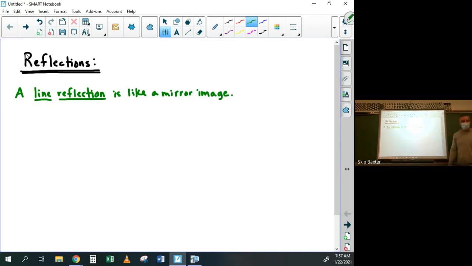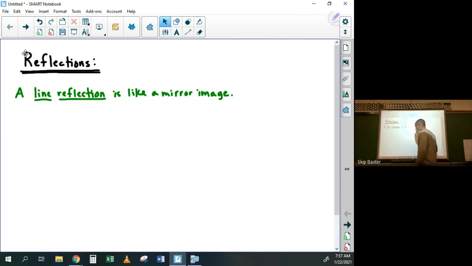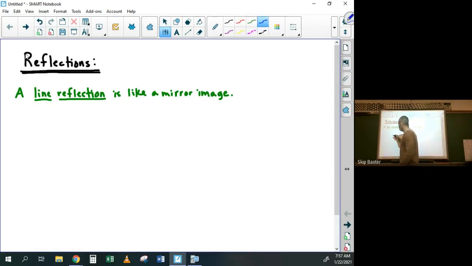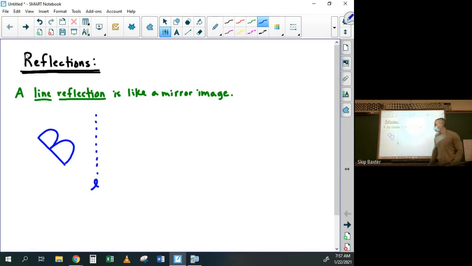Okay, so I showed you an example of this yesterday, but if I have, for example, capital letter B, like this, and I reflect that over this line L, which is called the line of reflection, obviously its image would look like a B, like this, right?